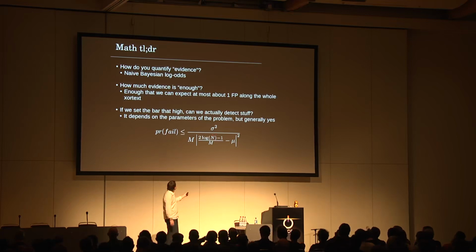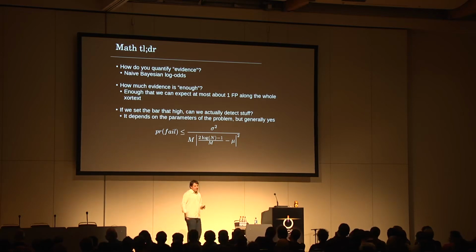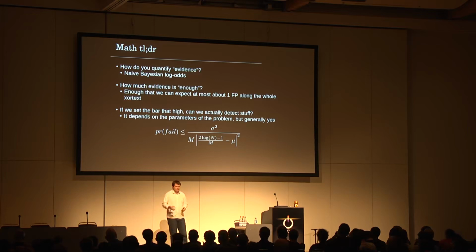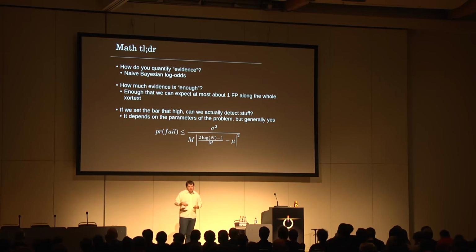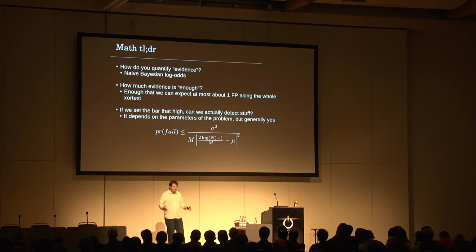We found it using what's called Chebyshev's inequality. The long and short of it is basically that as long as the ciphertext that we're looking for is long enough, every byte is going to give us some amount of evidence. Positive evidence that tells us that this may be the real thing. And basically, if the string is long enough, we're going to have enough evidence.